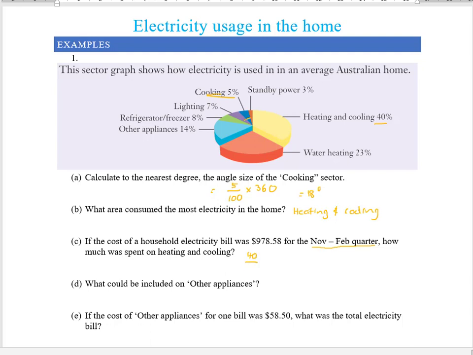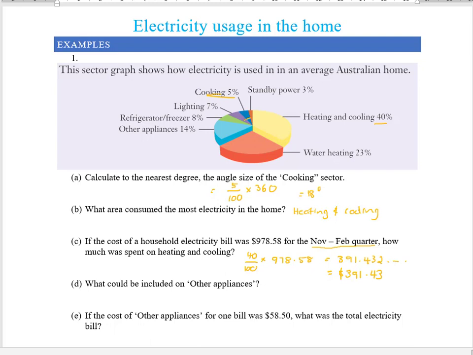So if I do 40% of that $978.58, and I pick up my calculator, I get 391.432. And remember, we always write our unrounded decimal first. And then in my next line, I write my rounded number, and remembering money has 2 decimal places, so $391.43.